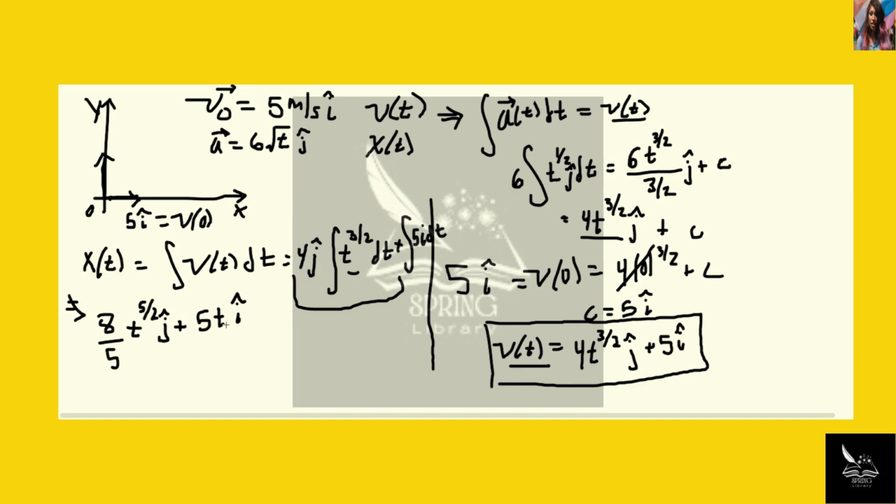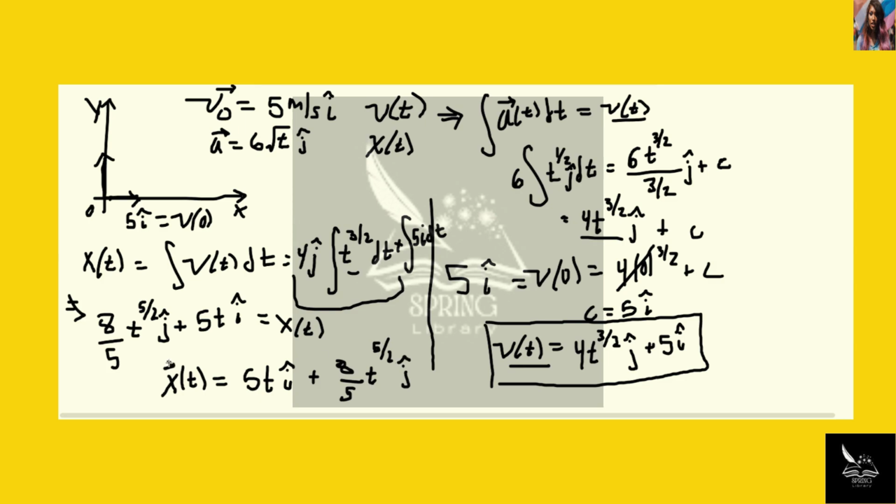And that'll give you your expression for position as a function of time. And of course, like I said earlier, if you really wanted to be professional, you could put the i component first, like so. So 5t i hat plus 8 over 5 t to the 5/2 j hat.